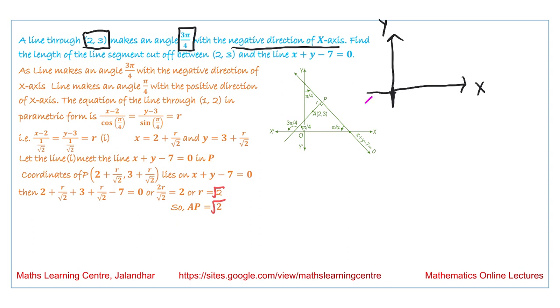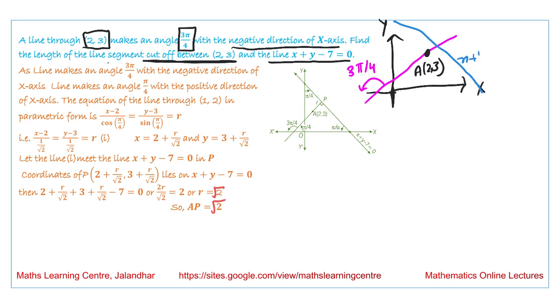A line is there and it is making an angle of 3 pi/4 with the negative direction of the x-axis, and this line is passing through some point A, which is (2, 3). Find the length of the line segment cut off between (2, 3) and the line x plus y minus 7 is equal to 0. There is another line over here.